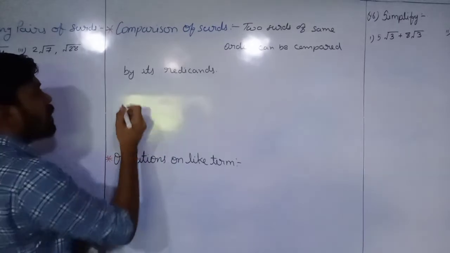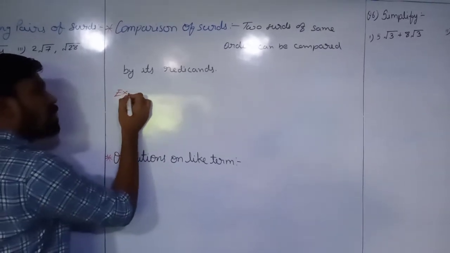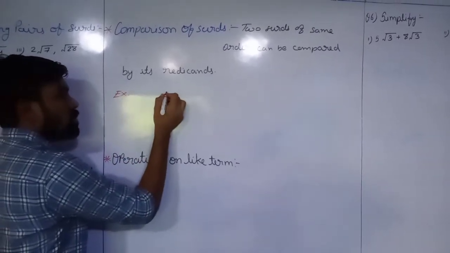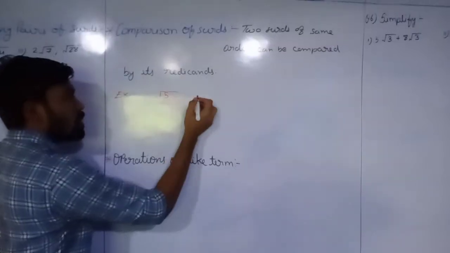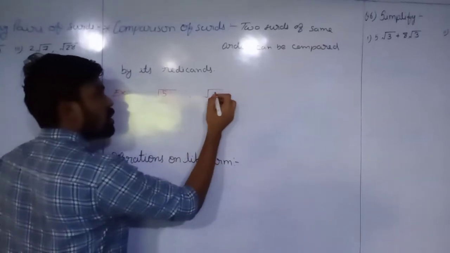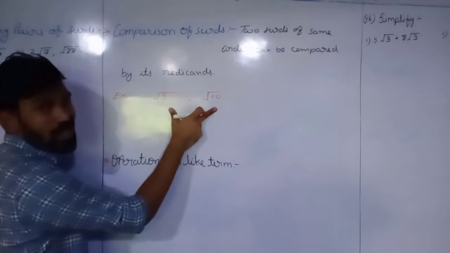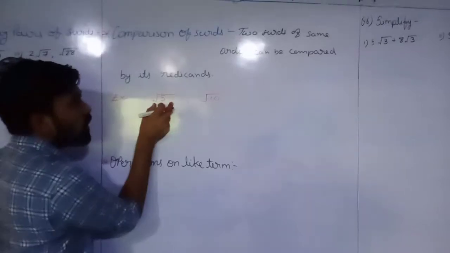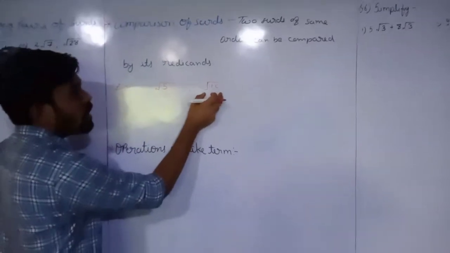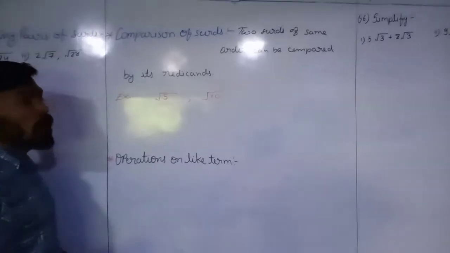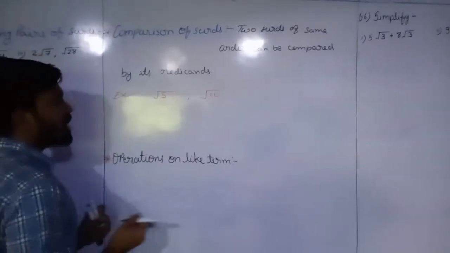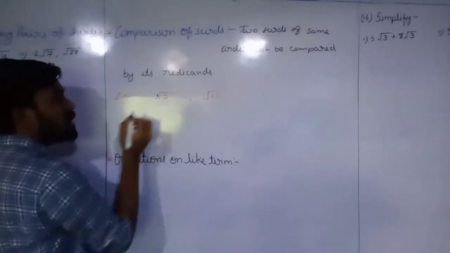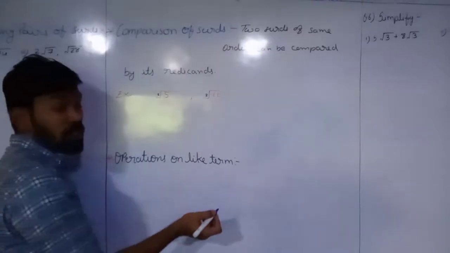For example, here we have two surds, root 5 and root 10. Now let's check. The order of these two is the same. Here nothing is written, which means 2, and here also nothing is written, which means 2.